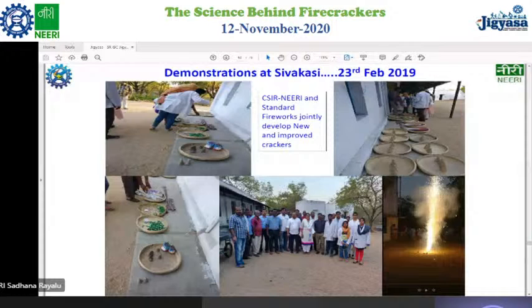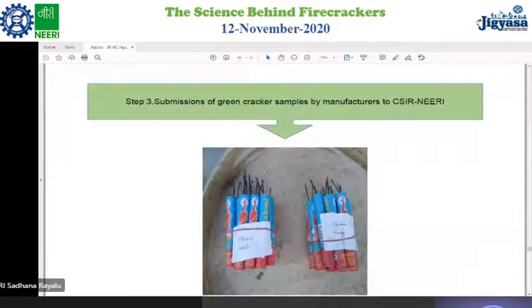We demonstrated, and now they have taken up all our technologies, and they are the key players who are manufacturing the different types of fireworks. Other than them, we have several: Kaleshwari, Anil, Sony, name it, and we have all the major players on board with our institute for manufacturing the different types of firecrackers.